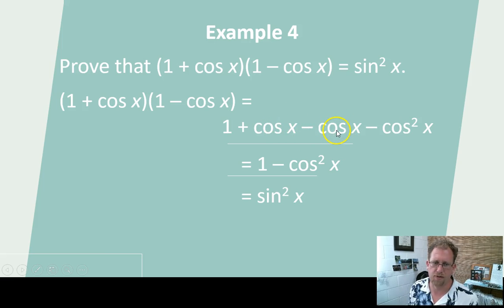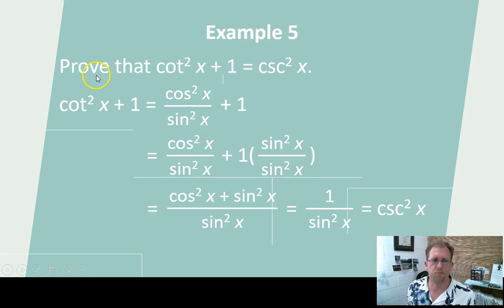They add up to 0. So I have 1 minus the cosine squared of x. And if you remember a couple of slides ago, 1 minus the cosine squared of x equals sine squared of x. So these two binomials times each other equal sine squared of x. There it is. Play that again if you need to.